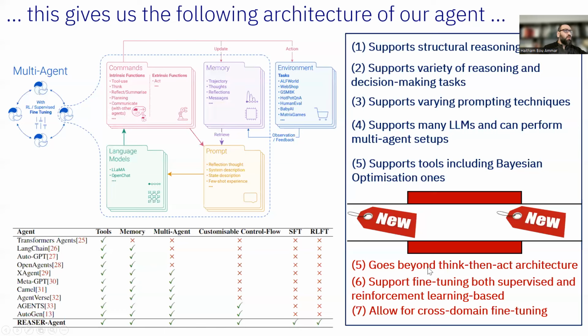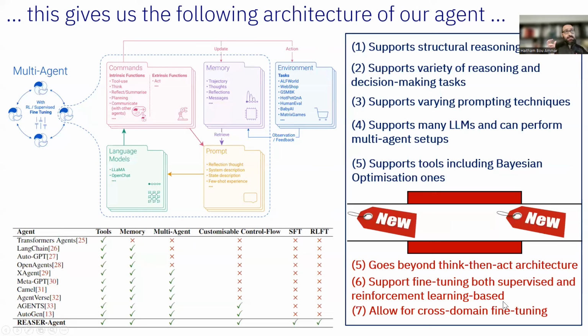So all this is good, but what's really new? What is really new is that now we think we can help scale reinforcement learning to a generalist perspective, because we support these nesting combinations of intrinsic functions that will allow us to go beyond a think-then-act architecture. Importantly, we support fine-tuning, both supervised and reinforcement learning, same and cross-domain fine-tuning.